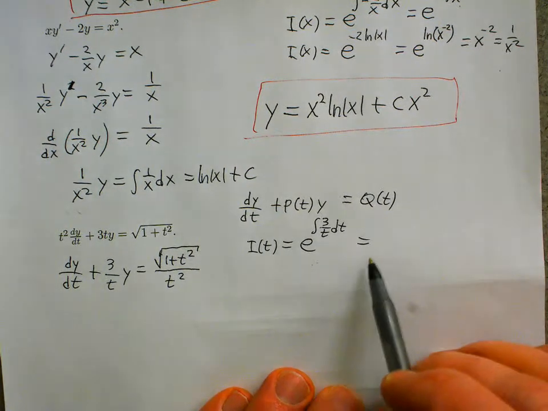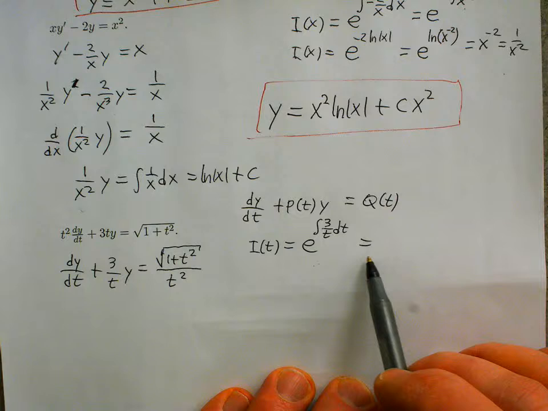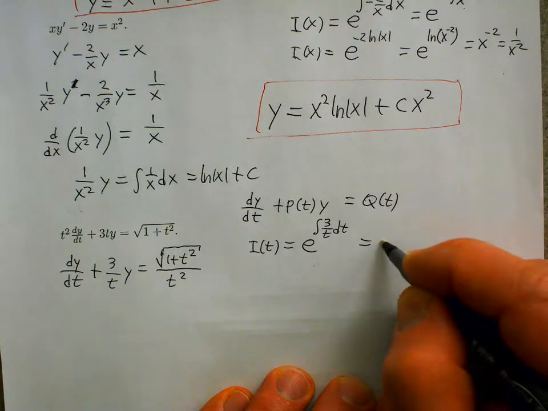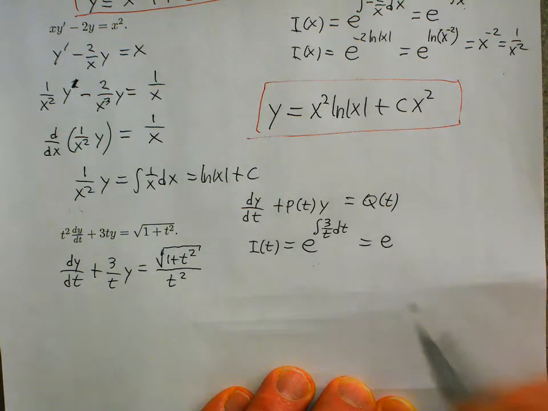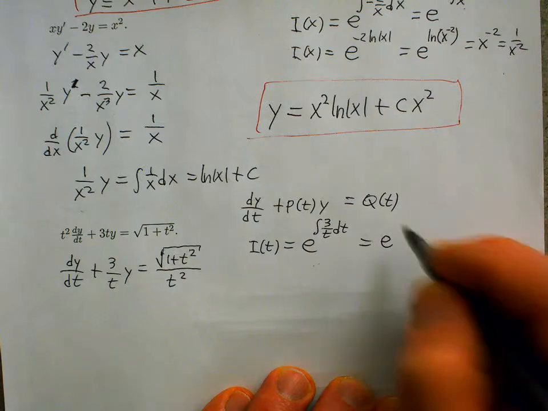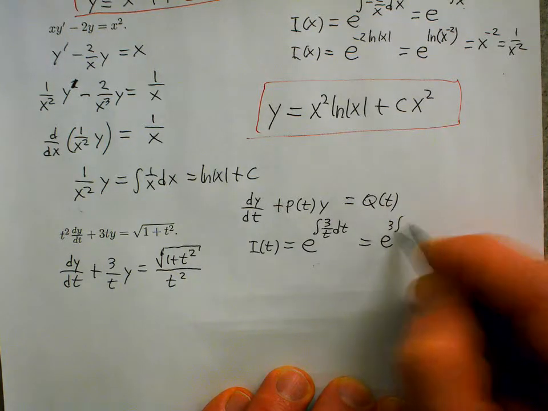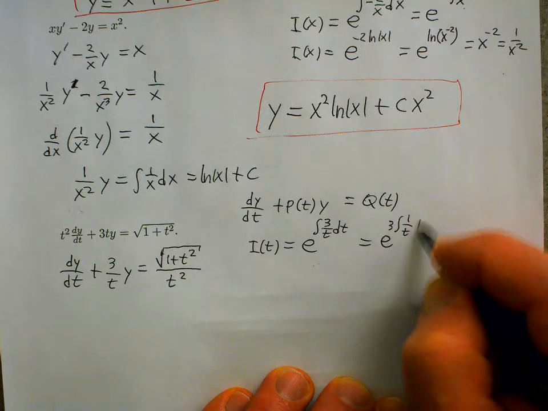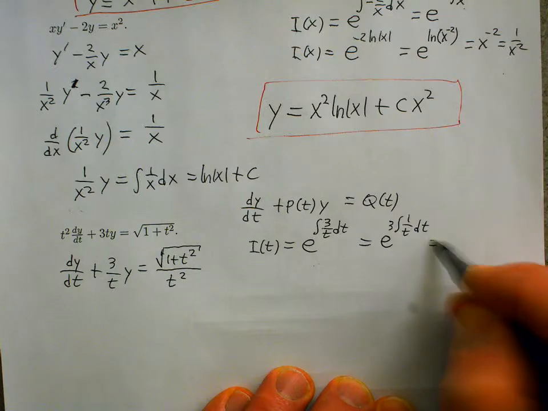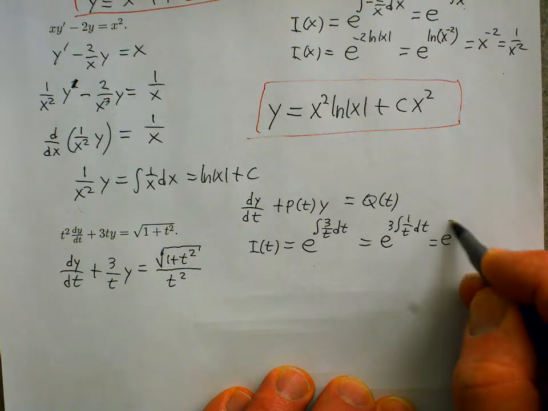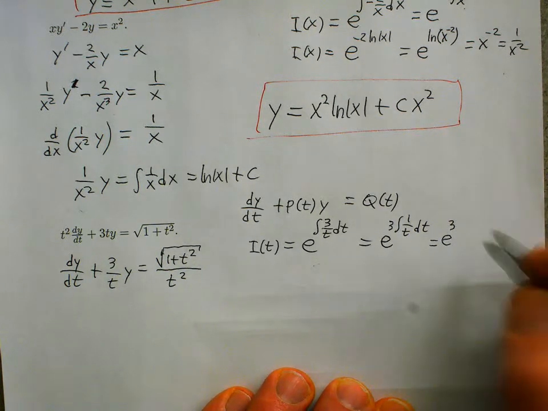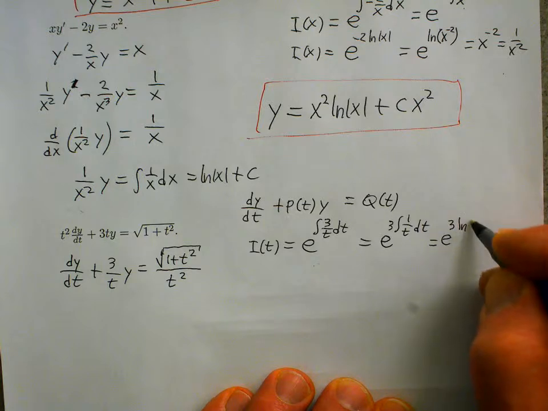We can write the result directly, or if you want to put in a couple of steps, the integral of 3 over t is 3 times the integral of 1 over t dt. And the integral of 1 over t dt is the natural log of t.